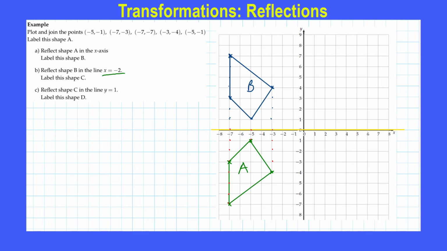Now it says, let's reflect shape B in the line x equals -2. Now we know x equals lines are vertical lines, so we draw it in, going through -2. And this time we go horizontally, so we count how many light squares are there from each point to the line, and we go the same distance the other side of the line. And we do that for each of the points.